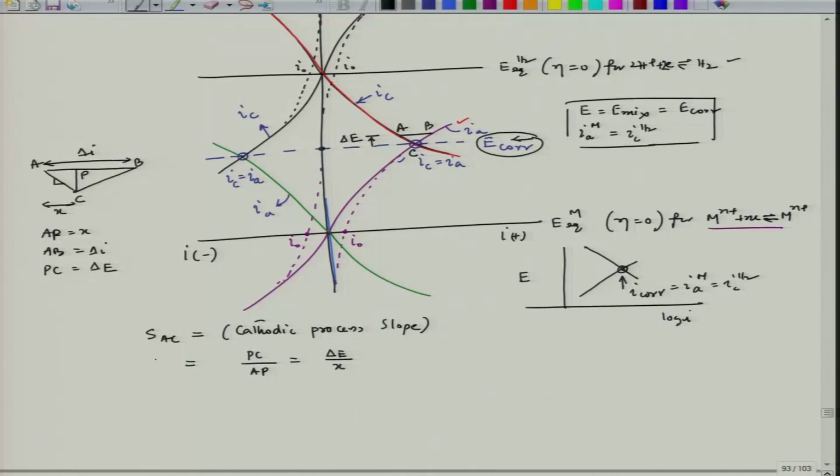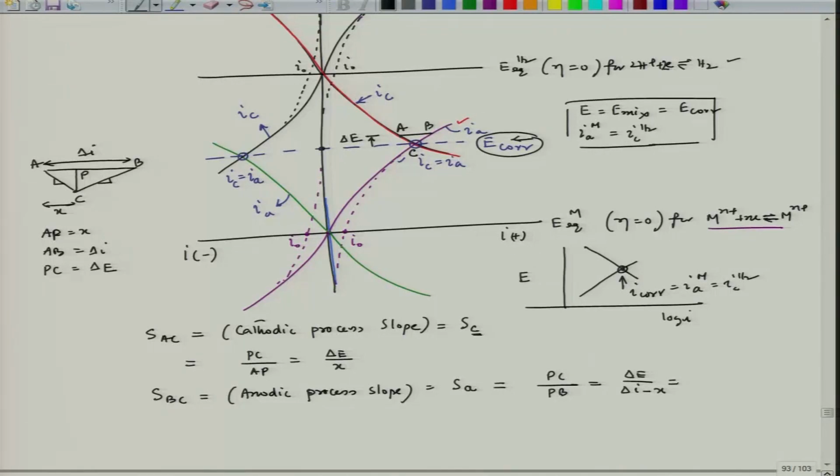Similarly, I can have the slope of this line, BC, which is the anodic process slope. So, I can write SC, C meaning cathodic, and this I can write as SA, meaning anodic. So, this becomes PC divided by PB, which is nothing but del E divided by del I minus x.